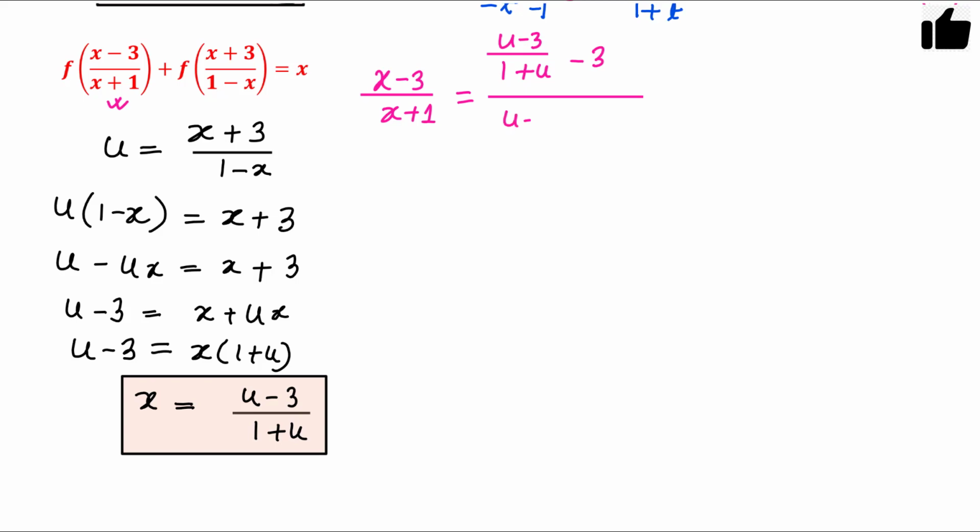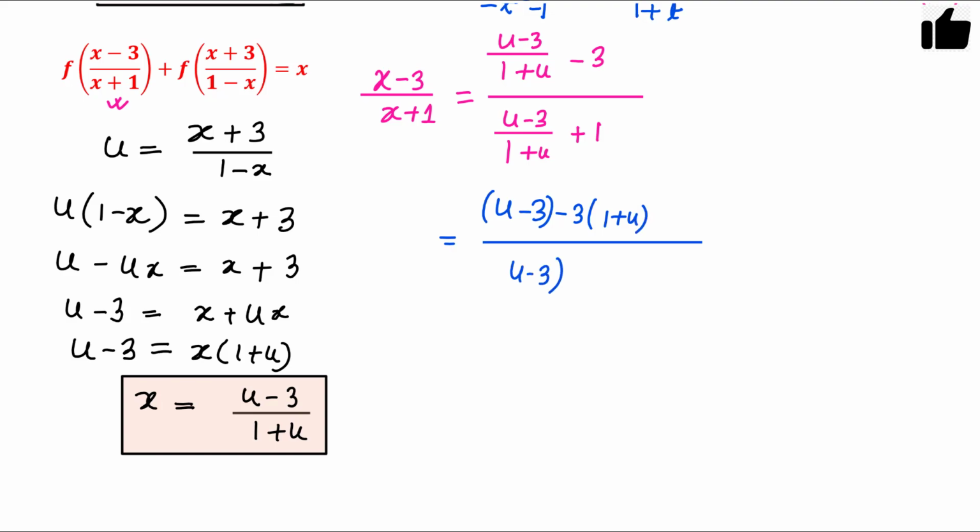And in the denominator you will have (u minus 3)/(1 plus u) plus 1. So let us do some simplification. So I will have here u minus 3. Let me use the blue pen. So this will be u minus 3 times 1 plus u, and this divided by u minus 3 plus 1 plus u.